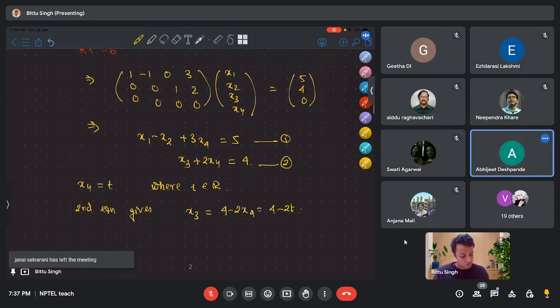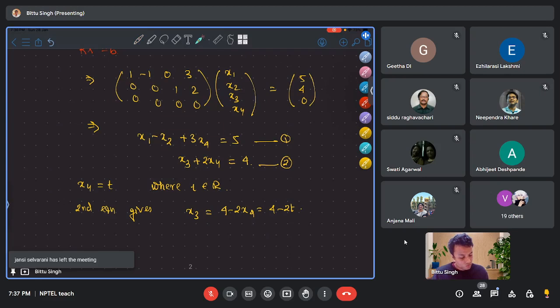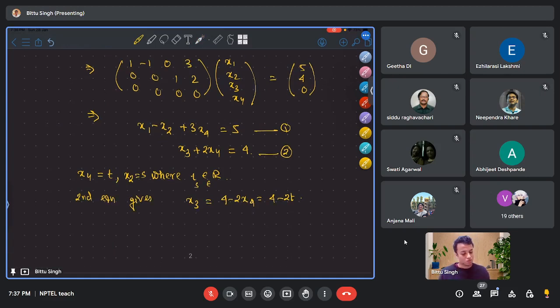Since there are only two equations now, we need to set two variables. There will be two free variables. Okay. One variable is x4 and another, you can set x2. That is, you can set x2 equal to another real number s. Okay.